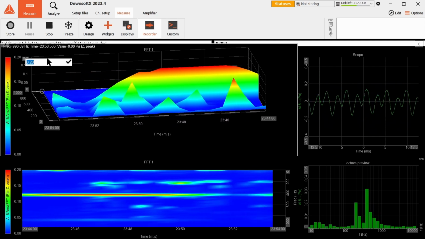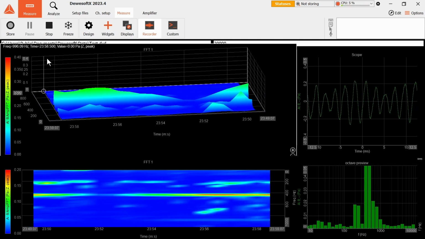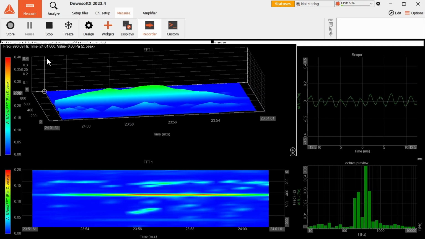We can also increase this, and this is because of constructive and destructive interference of the waves.